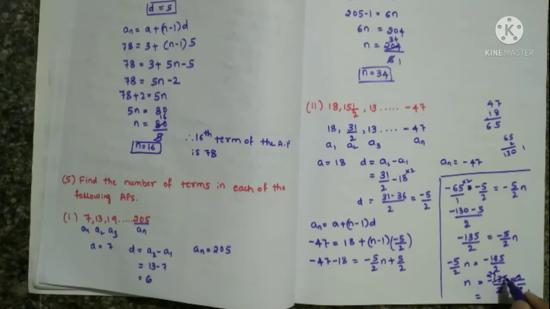Then 3 remains 35. 5 2s are 10, 13 minus 10 is 3, 35, 7. So n is equal to 27. N equal to 27. How many terms are there in this AP? 27 terms are there. Like this you have to find it.